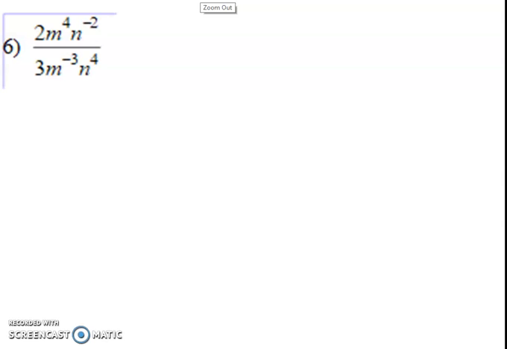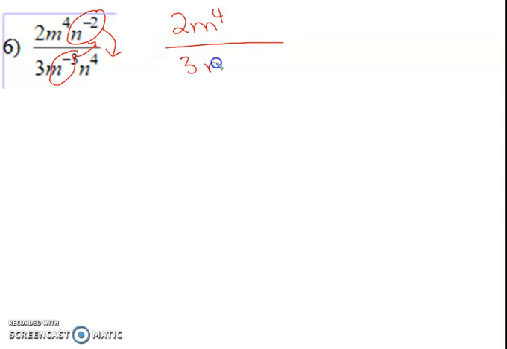All right, let's go on to 6. Oh, now I've got all kinds of negatives. Let's move these bad boys. First I write out what I'm leaving. 3n to the 4th. That's all the stuff I left. Then I'm going to move this n squared down and this m to the negative 3 up.